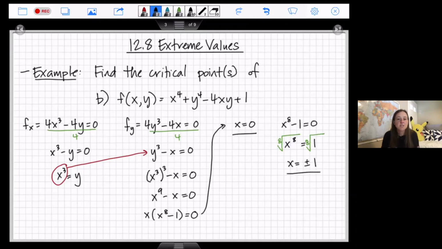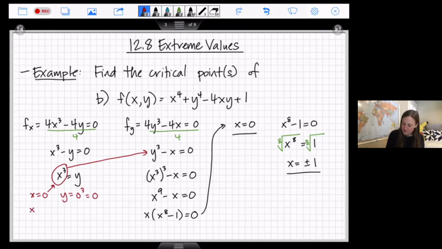All right, so we just need to find out what the y coordinates are now. I'm going to go back to that red circled relationship I have there where x cubed is equal to y, and we'll just figure out what the y coordinates are. All right, so when x is equal to 0, y is equal to x cubed. That's just also 0.